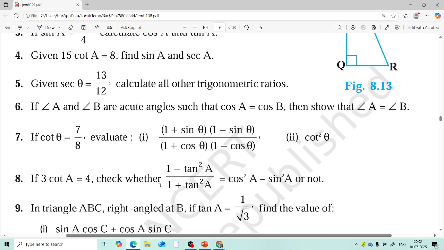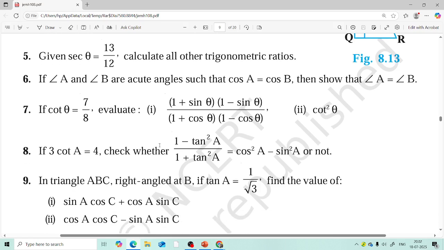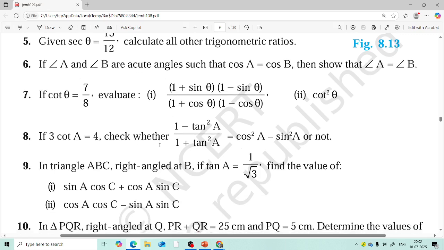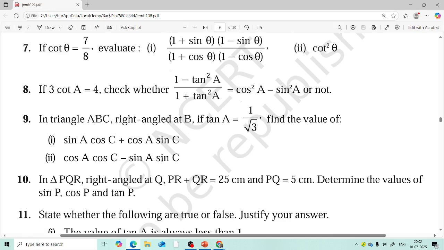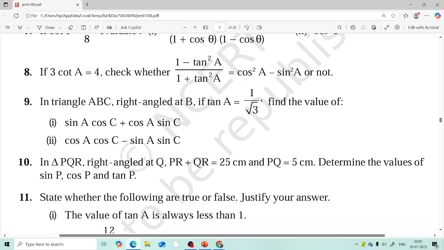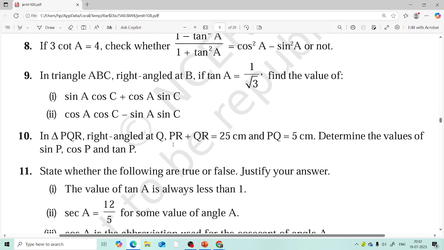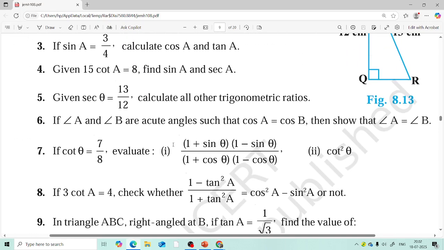Okay, then next is the seventh one. We will learn one property that I will use. The questions are very simple.